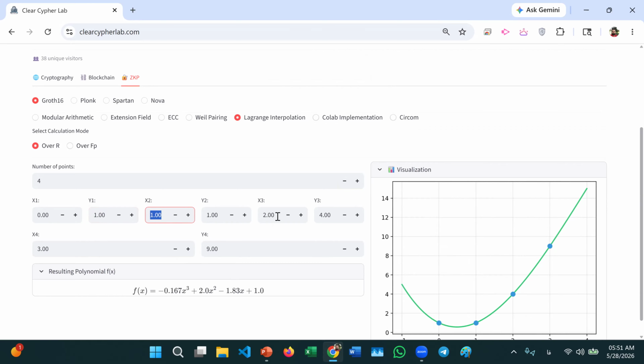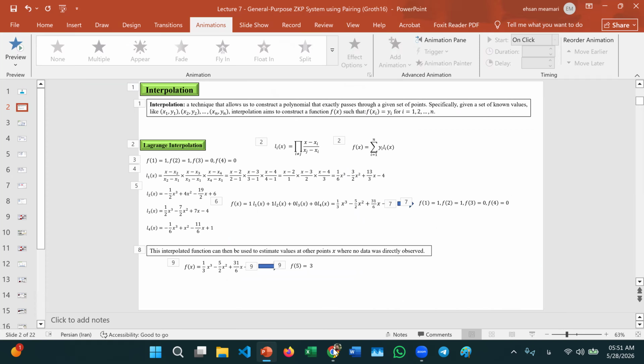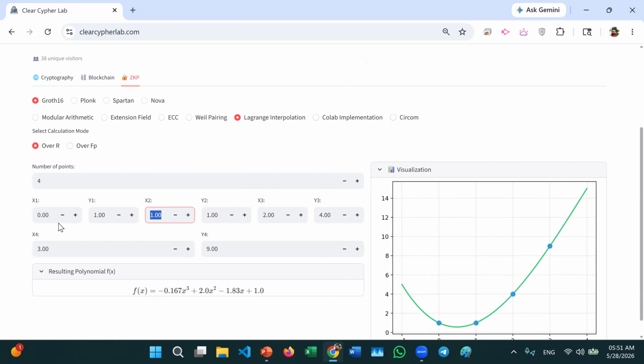Let me see. Yeah, the first point equals 1 and 1.